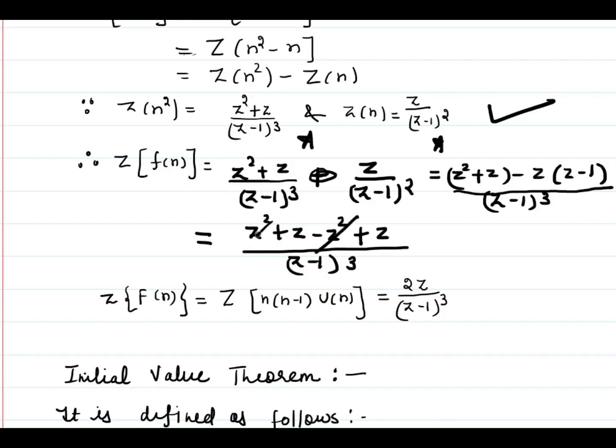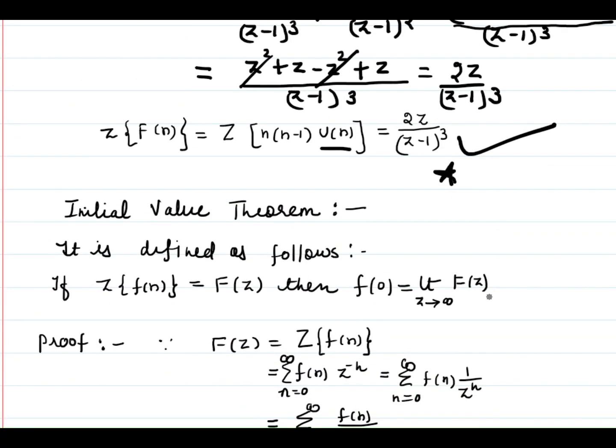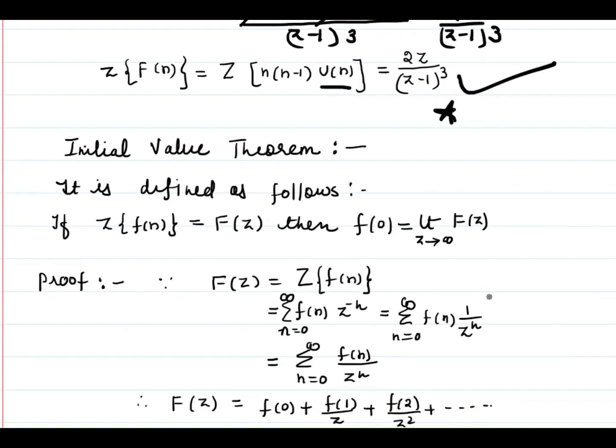So this cancels and we get 2z upon z minus 1 the cube. So this is the answer to the question: the z transform of n into n minus 1 of the unit step function is equal to 2z upon z minus 1 the cube. Hence we have this answer in terms of z, because this is the z transform of the required function.